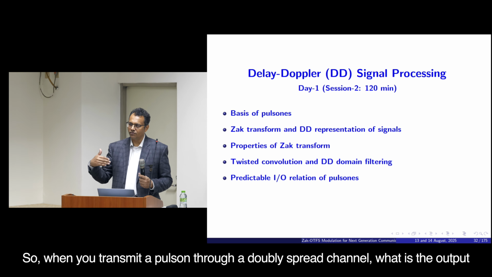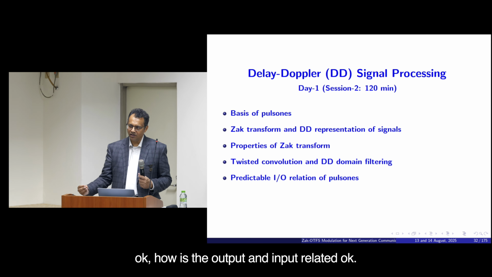So when you transmit a pulson through a doubly spread channel, what is the output? Okay, how is the output and input related?